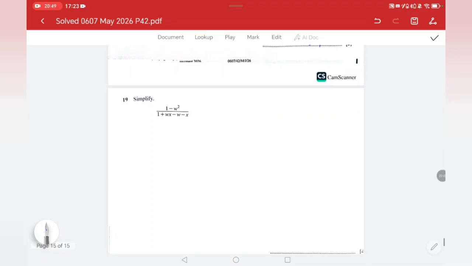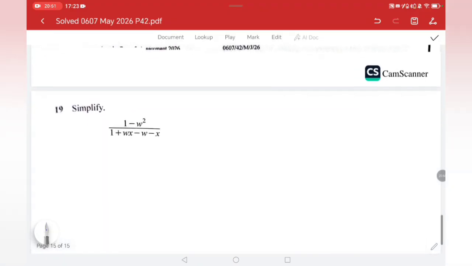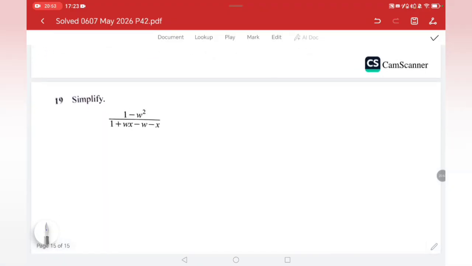We need to simplify. This type of question, as usual, when you look at the fraction, you should know that most likely you will cancel two brackets. So if you look at this one, it's a difference of two squares, it will be 1 minus w times 1 plus w. Okay? How about this one?